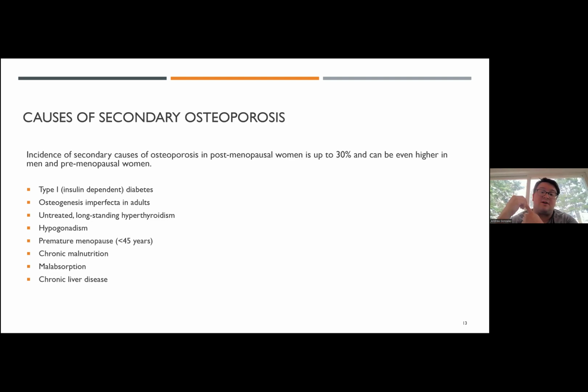These secondary causes of osteoporosis include, but are not limited to, type 1 diabetes, osteogenesis imperfecta, long-standing hyperthyroidism, hypogonadism, premature menopause, any woman undergoing menopause under the age of 45, chronic malnutrition conditions like inflammatory or malabsorption conditions. Think your inflammatory bowel disease, your celiac disease, and any kind of chronic liver condition.